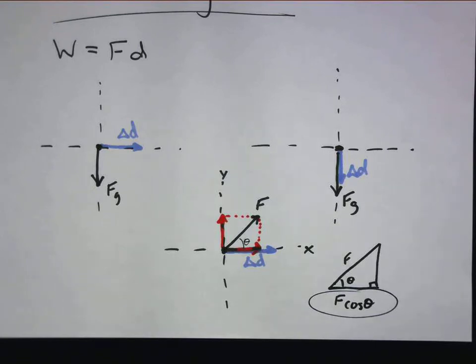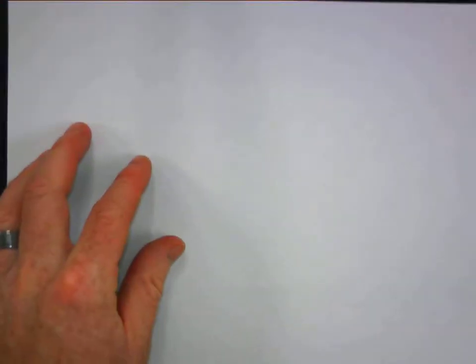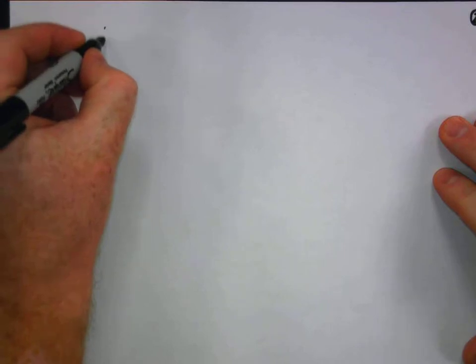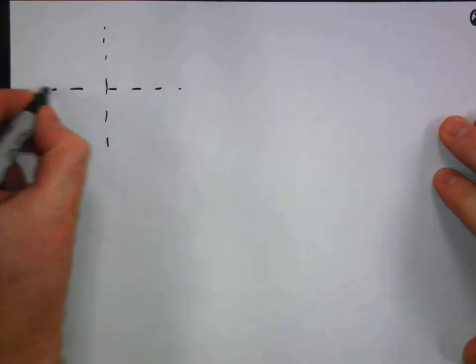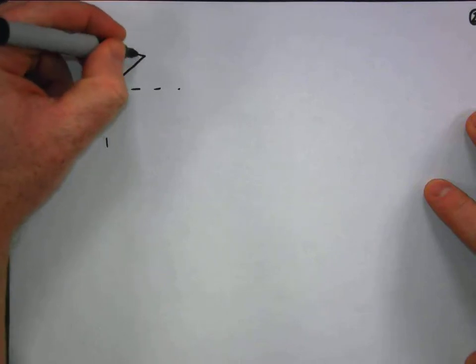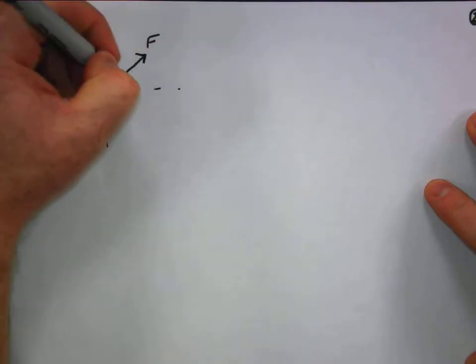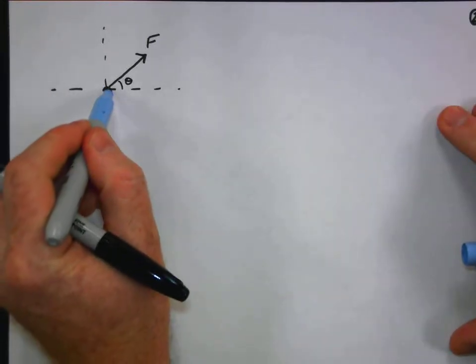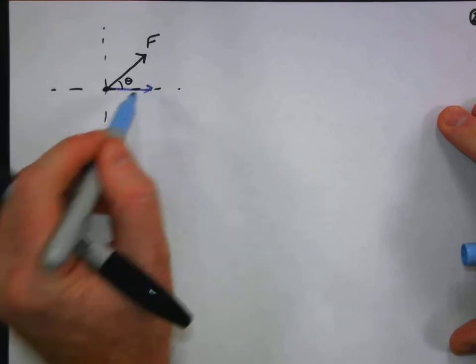So, for example, let's put some numbers to this. Just going to do a quick redraw so we can have it in front of us. We have this force. We have our angle theta. And it is moving in this direction. Okay.